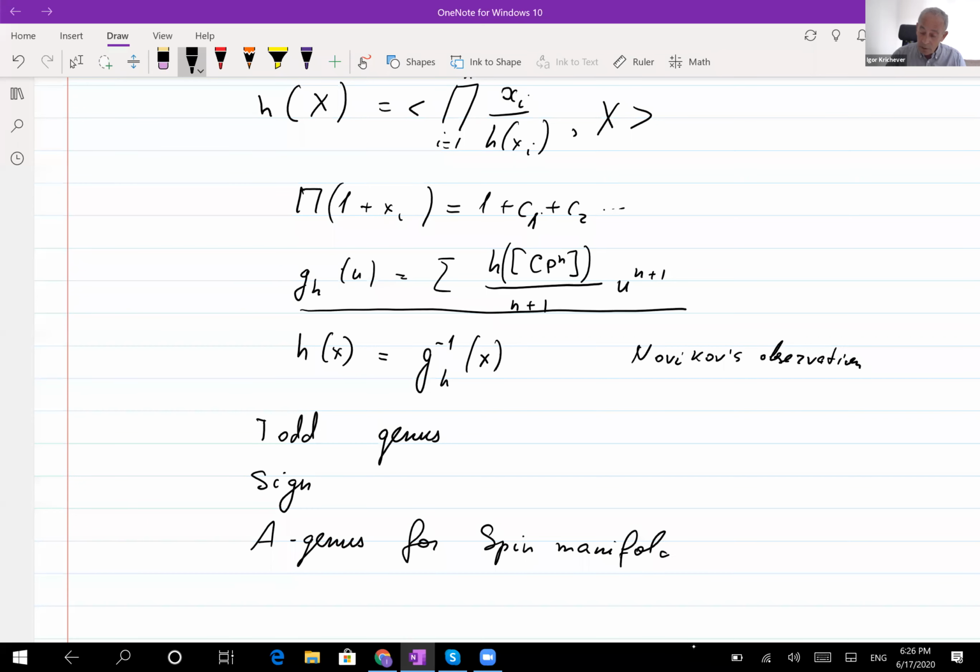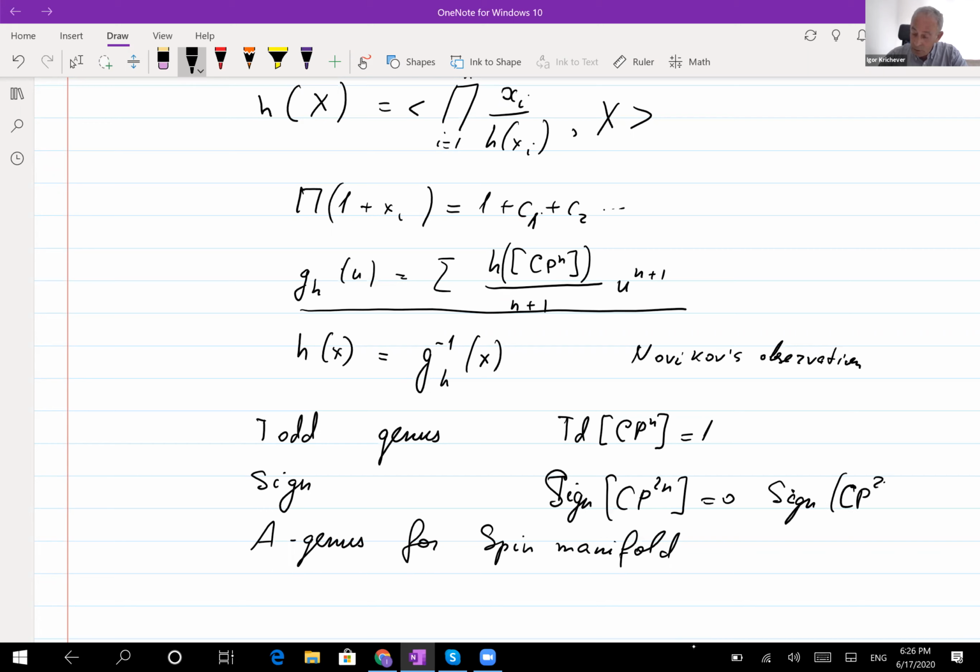They are all examples. So the signature genus corresponds to the homomorphism under which CP^n goes to 1. For signature, CP^(2n) is 1, and the signature of odd CP^(2n+1) is 0.